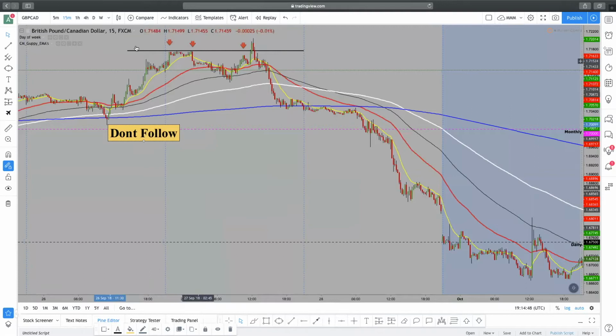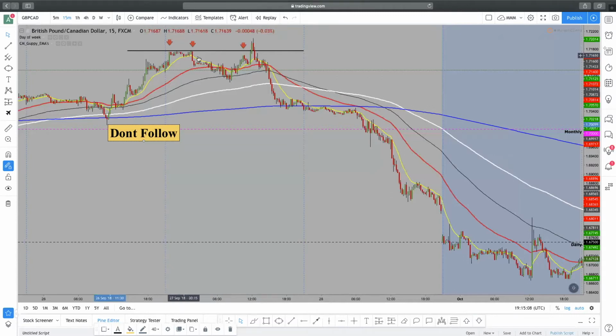And don't follow retail traders when they're buying here and then there's no movement to the high. So you feel that's a trap. First touch, second touch, third touch, and they come back, go back one more time. So you see all these EMAs are giving a buy signal, but price is not moving anywhere.